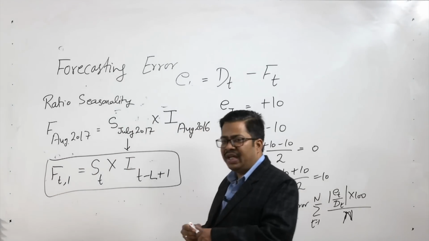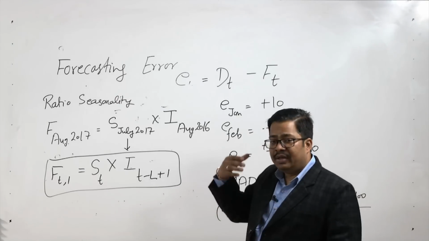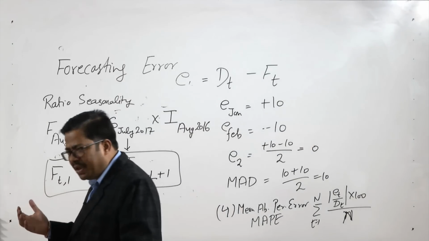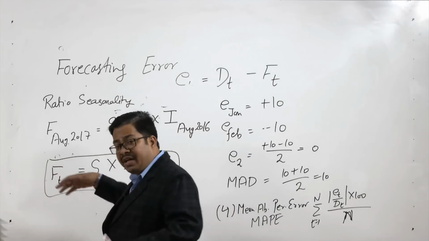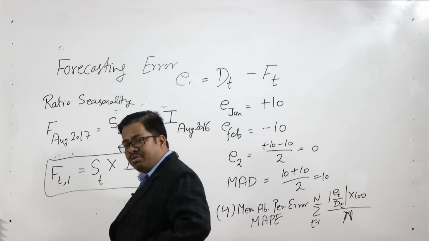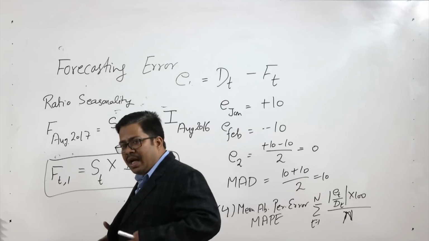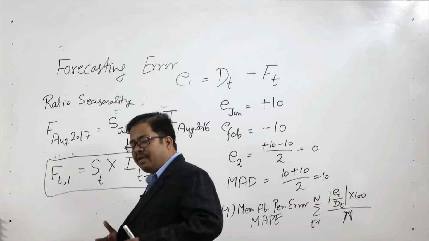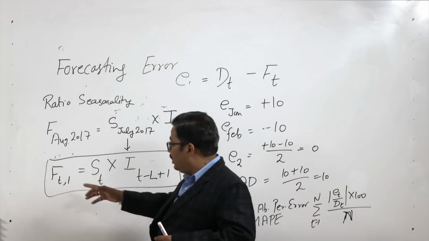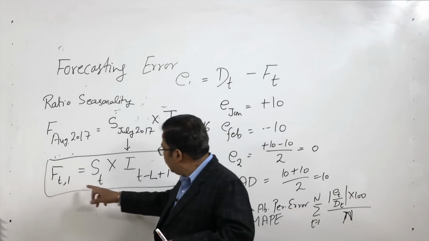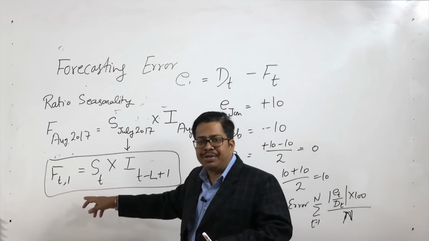This makes my equation into the general form. When I want to determine the forecast for the next month, when today I am in July 2017 and I want to determine the forecast for August 2017, this is how I will write the equation.